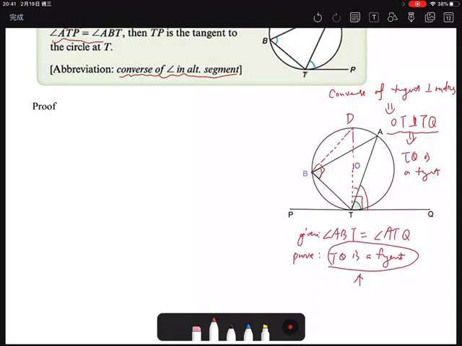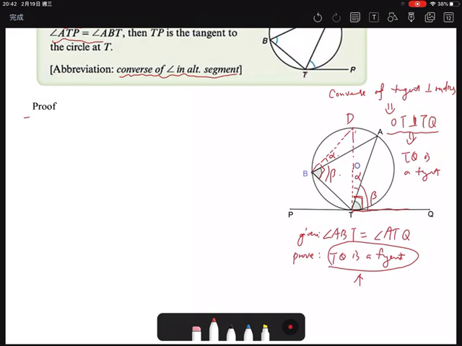The same as the proof in 2.5, we know this is alpha, and these two angles are beta, and we know this is also beta, because at the beginning we know angle ABT equals angle ATQ, both of them are beta, so alpha plus beta is 90 degrees. Of course angle DTQ is 90 degrees also, so we can prove that OT is perpendicular to TQ, so of course TQ is a tangent to the circle.